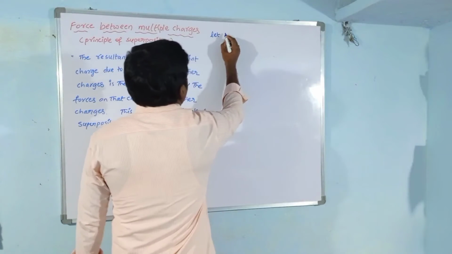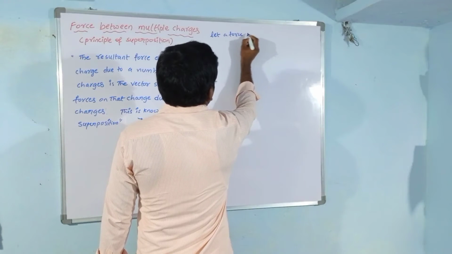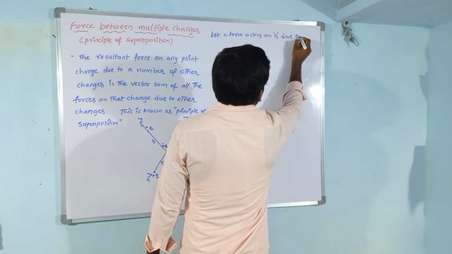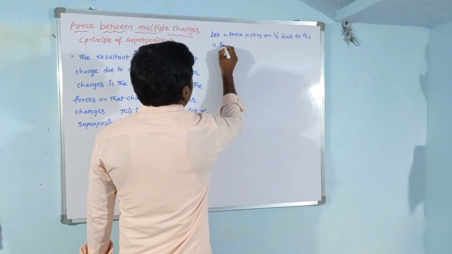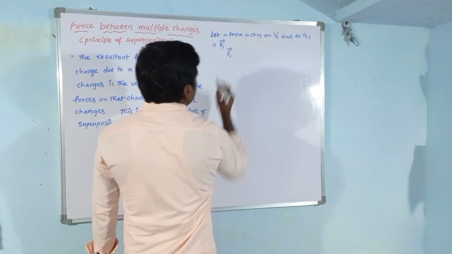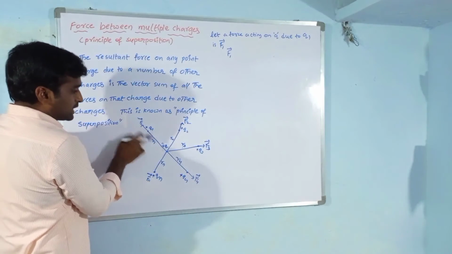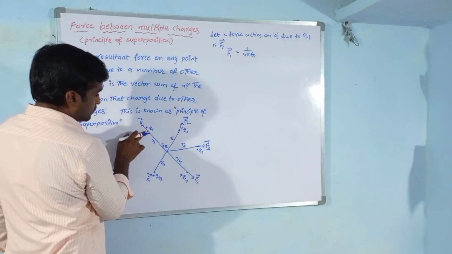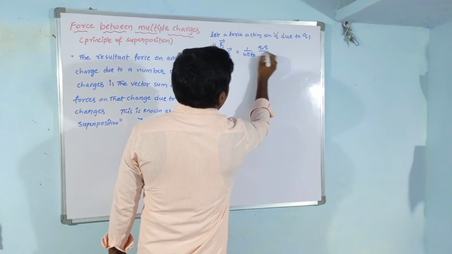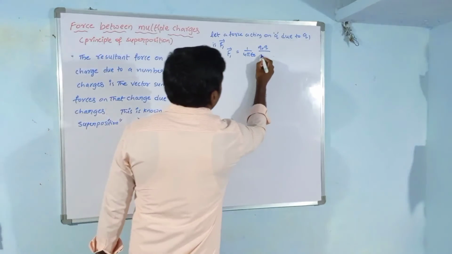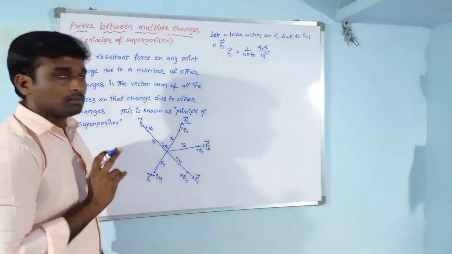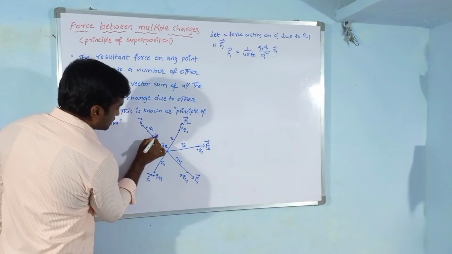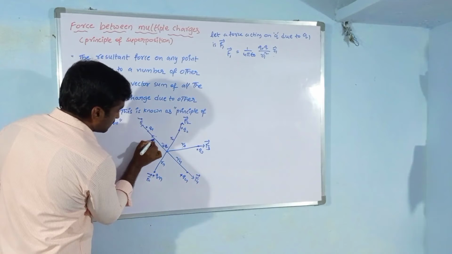By using Coulomb's law, we can find the force acting between these two: F1 equals 1 by 4 pi epsilon naught, Q1 Q by R1 square, into the unit vector R1 cap, which is along this direction.